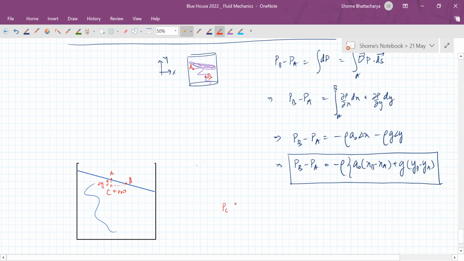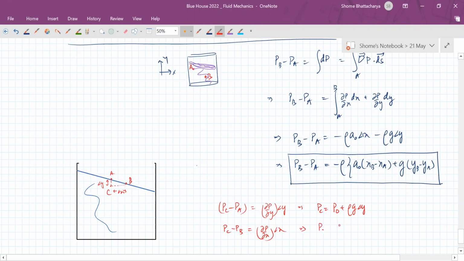So you can see that pressure difference between C and A will be equal to, so pressure at C will become equal to atmospheric pressure plus rho G delta Y. Whereas pressure difference between C and B is going to be the horizontal pressure difference.